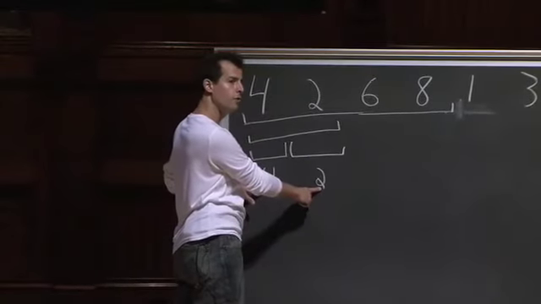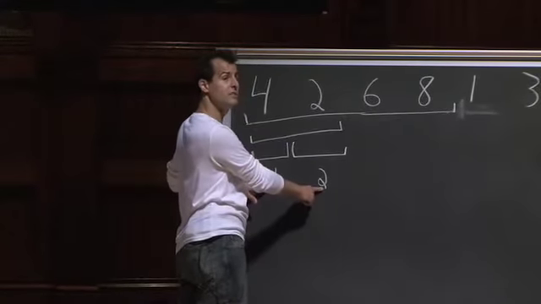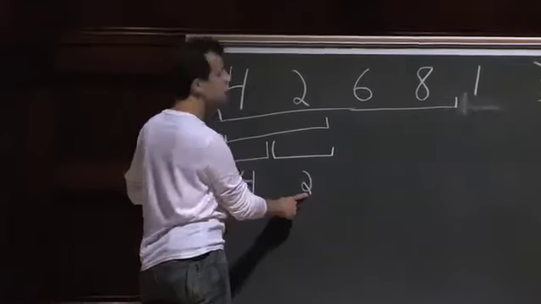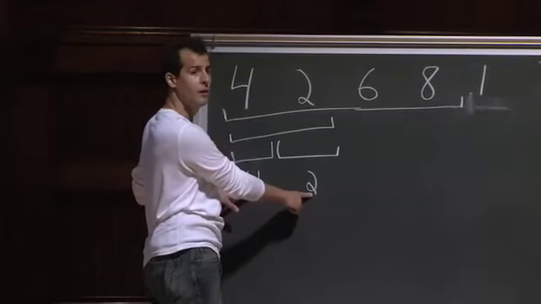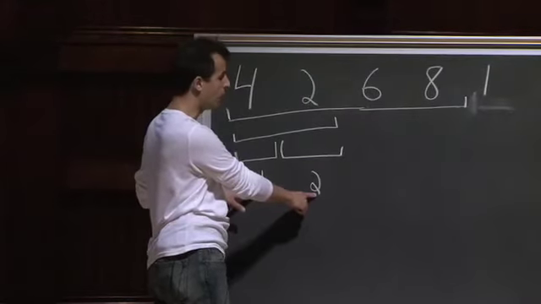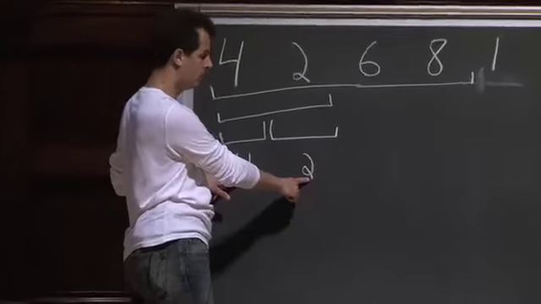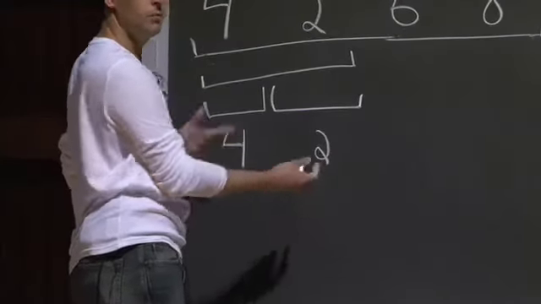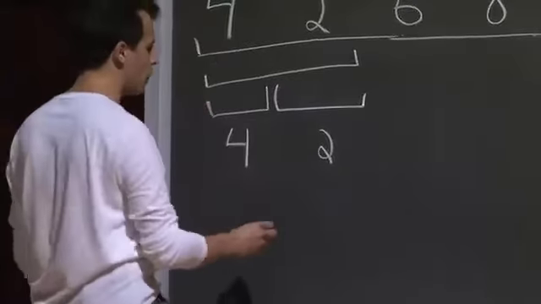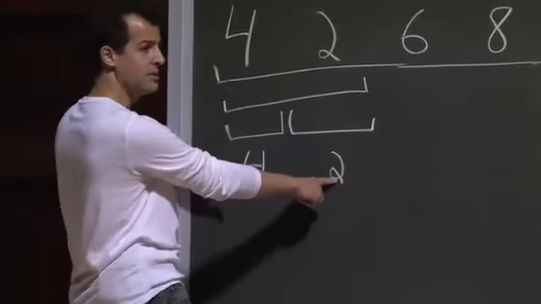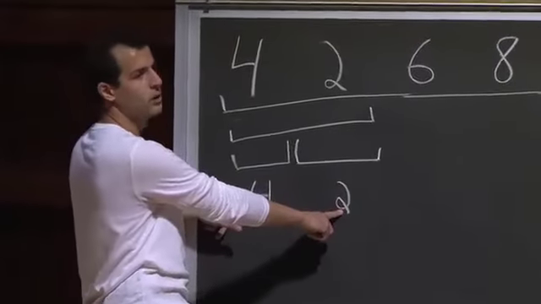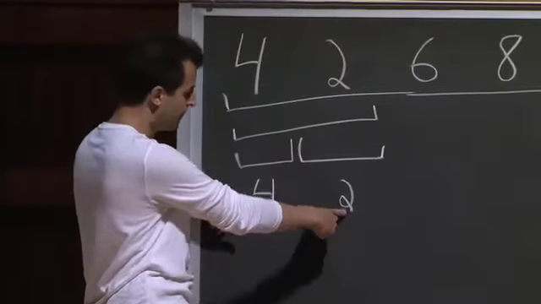So now I'm at this point in the story. What do I do with 4 and 2? I've got 2 lists of size 1, and the goal now is to merge these sorted halves. How do I merge these sorted halves? Well, we can do it verbally. All right, here's a list, here's a list. I need to merge them somehow. All right, who's going to come first in the merged list? 2, obviously.